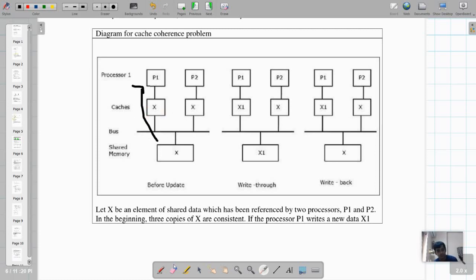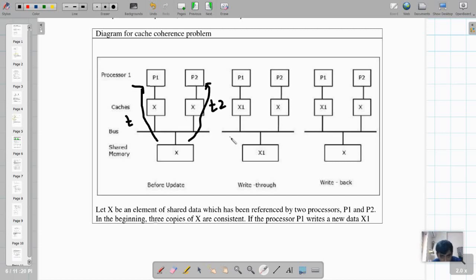After some time, say at time instance t plus 1, processor P2 read the same data. So until now, we have no cache coherence problem here because all the processors have access to the most recently updated data item, if I say precisely.